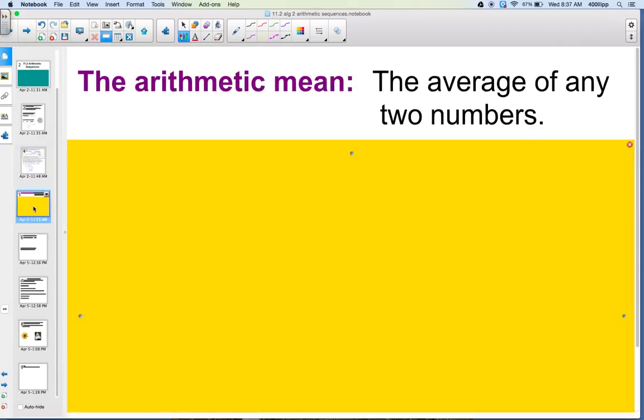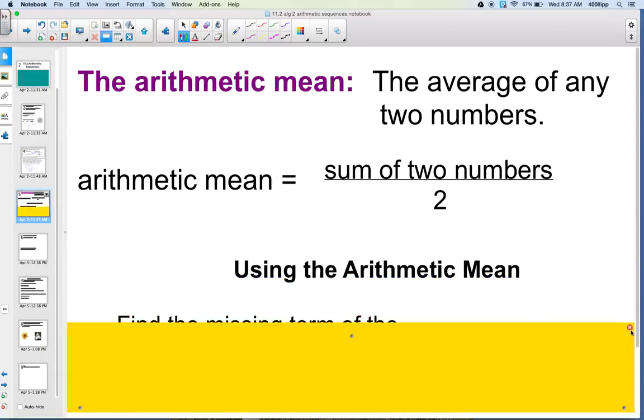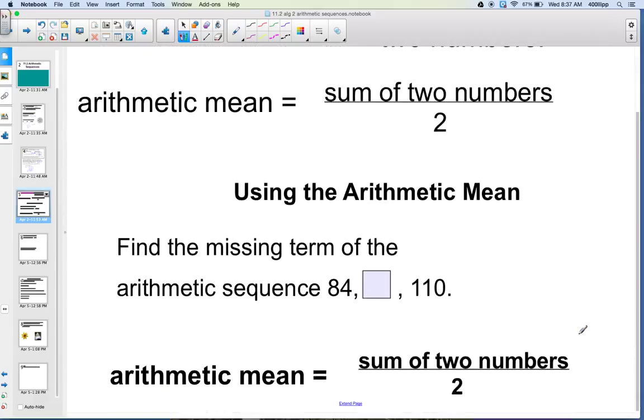Okay, the next thing is going to be looking at the arithmetic mean. So the arithmetic mean is the average of any 2 numbers. And this is going to be helpful because the average is just taking the sum of the 2 numbers and dividing it by 2. And the reason why this is going to be helpful is because if they tell us it's an arithmetic sequence, then we can find the arithmetic mean to find the missing term here.